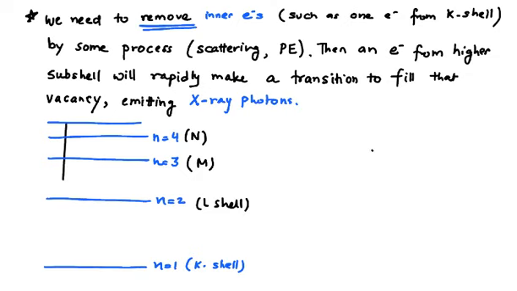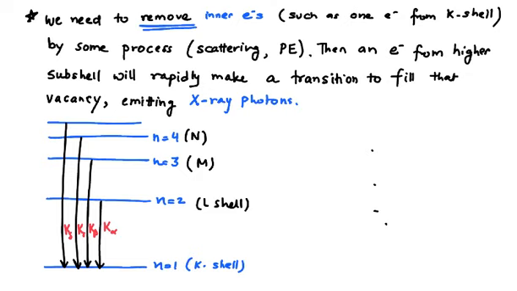The transition can be this, or this one, or can be from n equals 3 to n equals 1, or from n equals 2 to n equals 1, right? Because ultimately the transition is taking place from higher levels to the K shell, such transitions lead to the wavelength series of line spectra, which are called the K series.